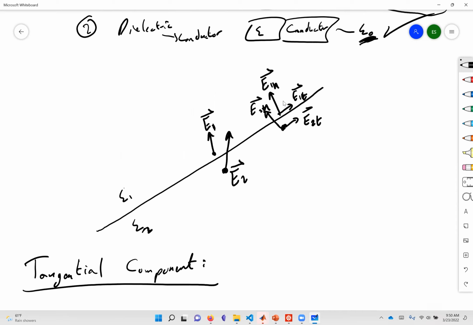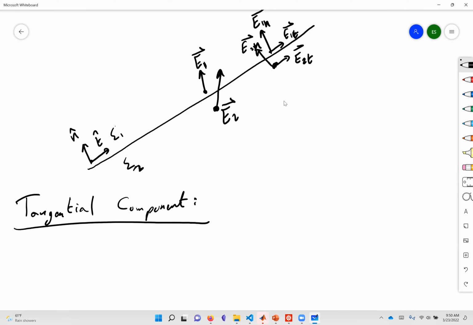T for tangent and N for normal. We need to assume what is the positive direction and the negative direction, so we use the right-hand rule. We assume that in this direction is T hat and this is N hat.